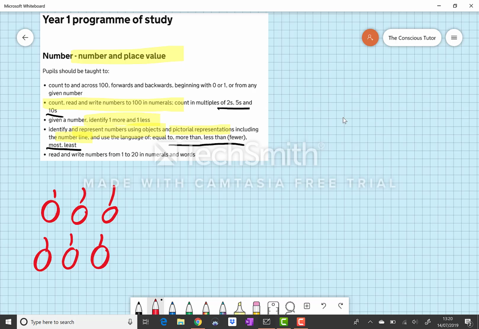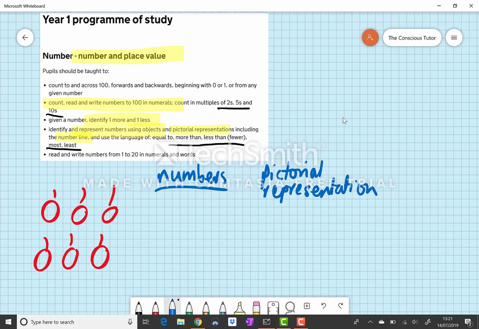So another way to look at that is we've got our number, we've got our pictorial representation, and we've got that number in words, which is something that they also need to be able to do.